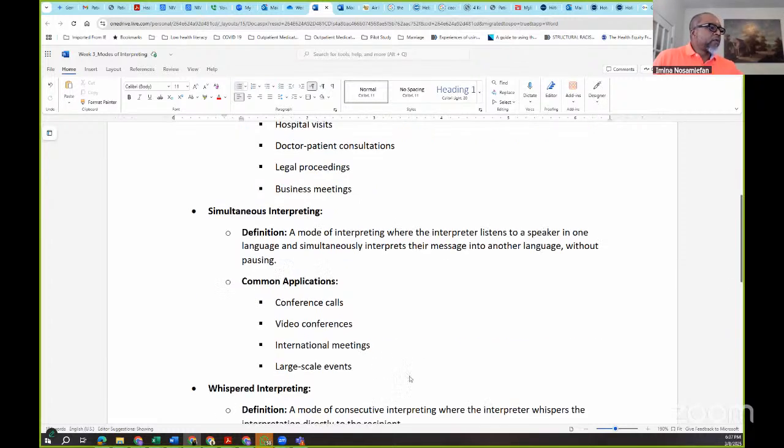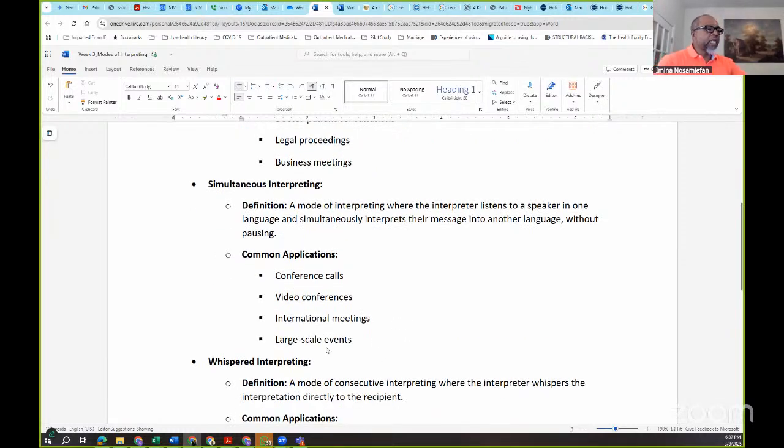That is used for large-scale events like I just described, and international meetings like the UN. Somebody is speaking maybe in Russian, and everybody is wearing headsets, with an interpreter for Chinese, an interpreter for Arabic. That's simultaneous.